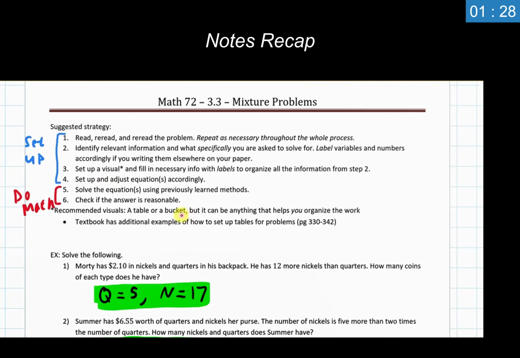Again, I'm perfectly happy with whichever one you would like to use. I personally prefer using the buckets, but the table is perfectly acceptable and it will work also. So making those visuals, labeling those things, being on the lookout for units, and then we set up some equations from there and solve that using all of the methods that we've learned previously.